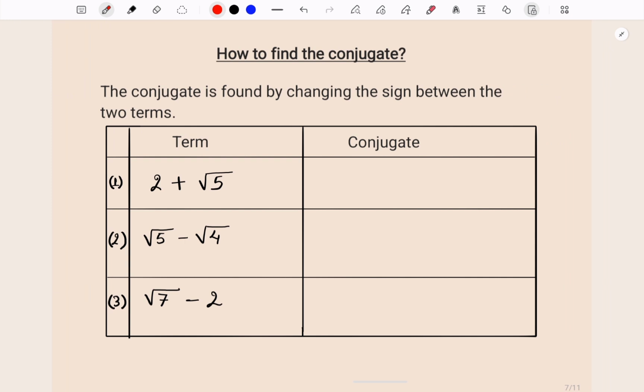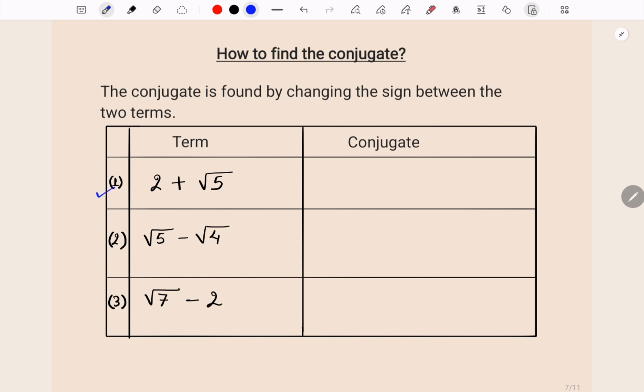So let's now learn how to find the conjugate. The conjugate is found by changing the sign between the two terms. So here we have 2 plus root 5 in the first example, right?